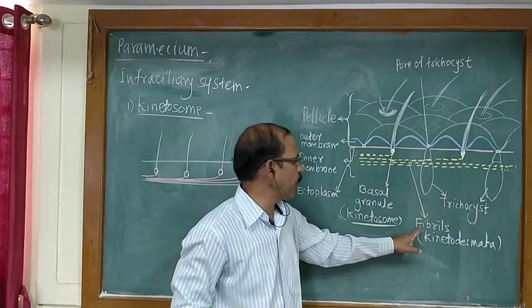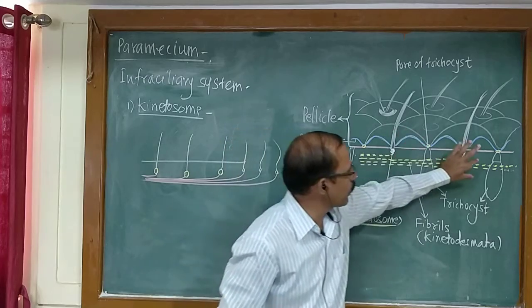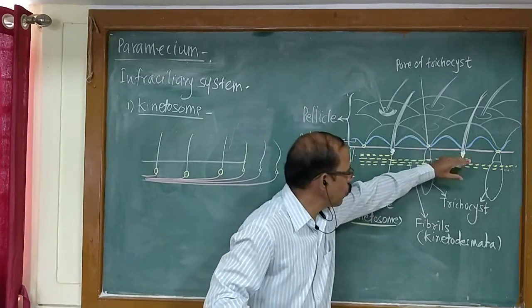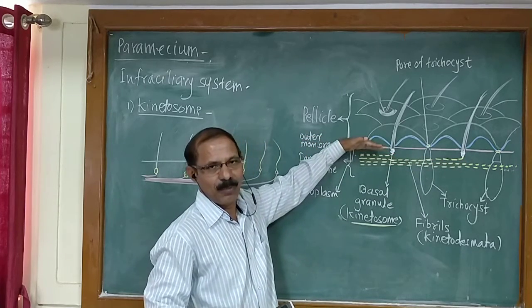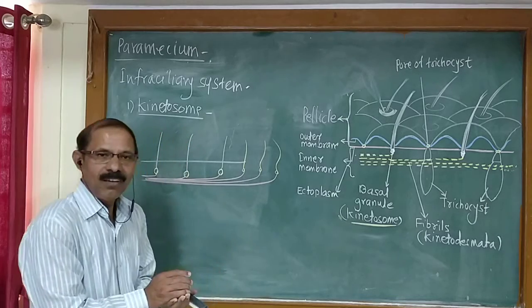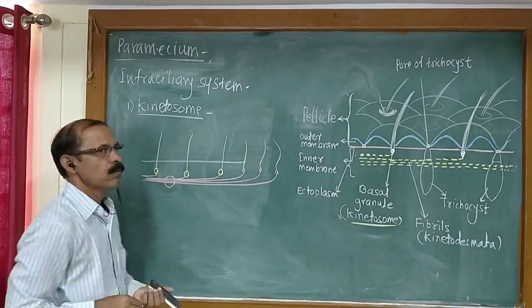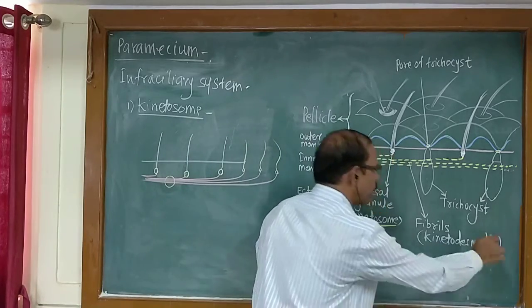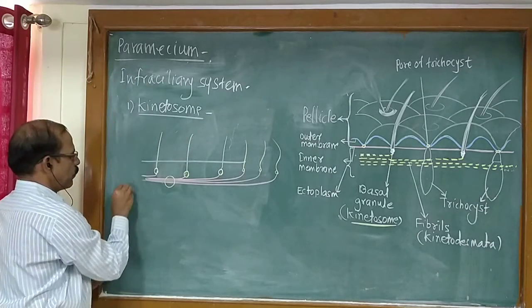These are called cytoplasmic fibrils. These fibrils run together in a bundle below the pellicle throughout the body, and they are called kinetodesmata.